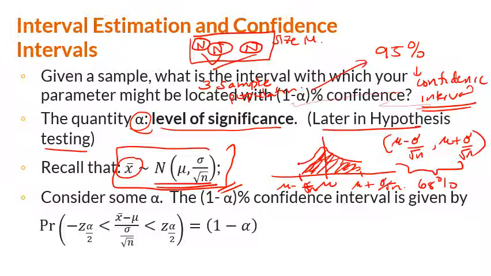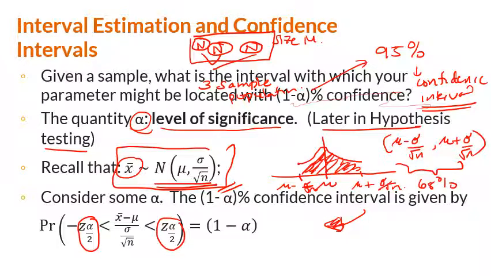Okay, so at 95% confidence interval, you have this relationship. So bakit z of alpha over 2?